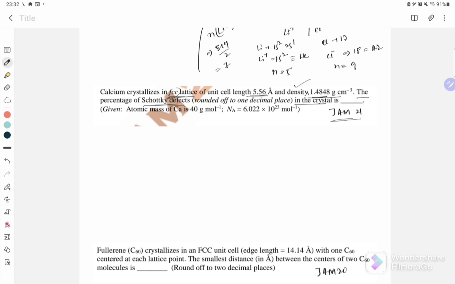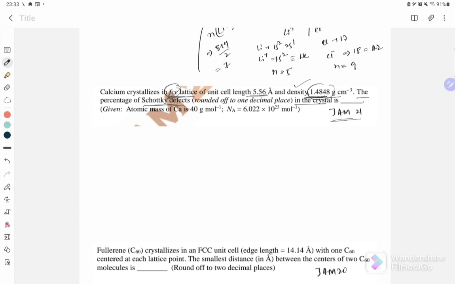Or we can take the given density as the base and calculate Z from it, and since FCC has Z equal to 4, by subtracting we can calculate the percentage of Schottky defect.